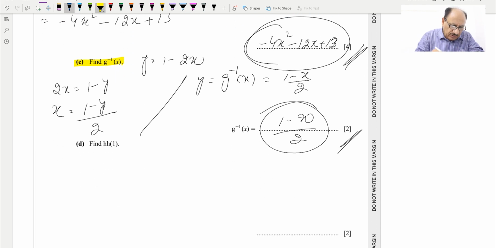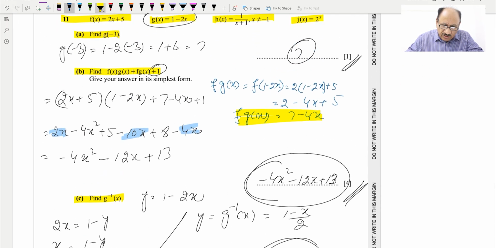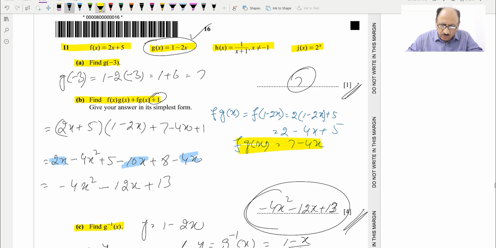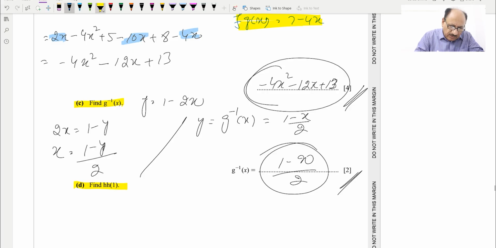Then they are saying find h of 1. So h of x is what? h of x is given. h of x is equal to 1 over x plus 1.